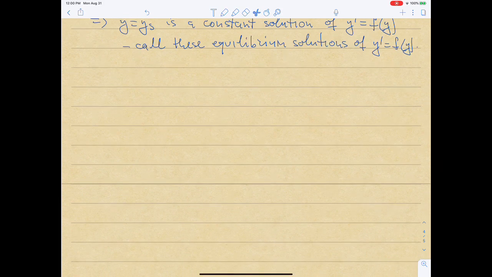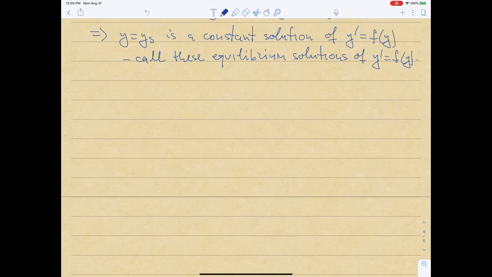So we can then sketch the following diagram. I'm going to draw a vertical line, and on that vertical line, this would be my y-axis. On that vertical line, I'm going to plot all points at which f of y is equal to 0.